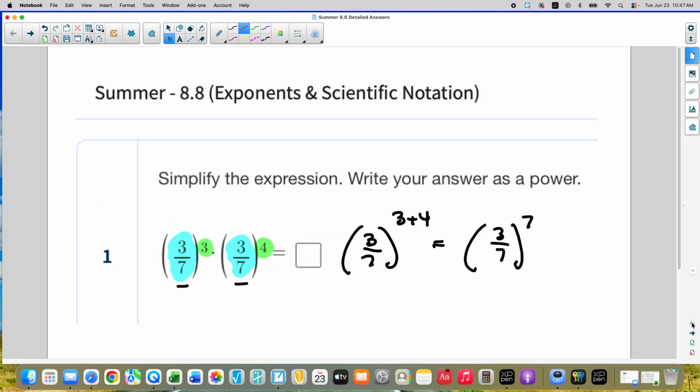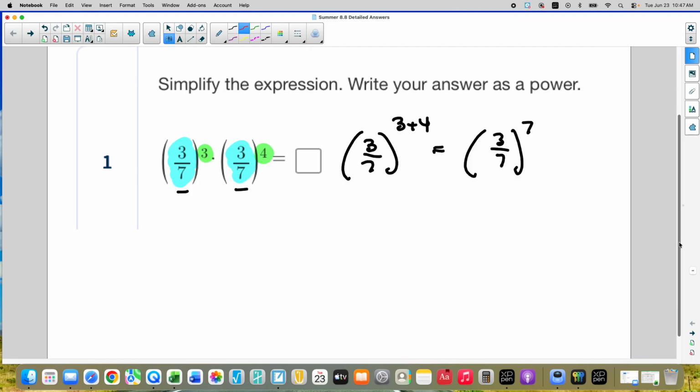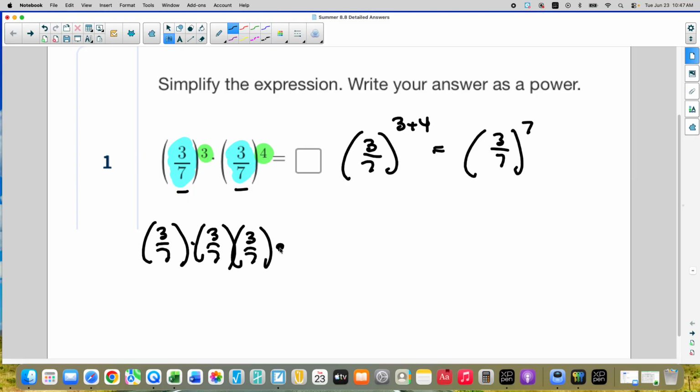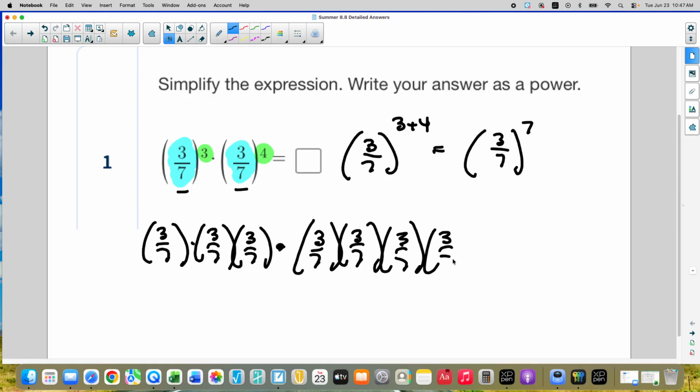And going back to this one, just so you understand, we have, as I said, 3/7 times 3/7 times 3/7 times 3/7 times 3/7 times 3/7 times 3/7.